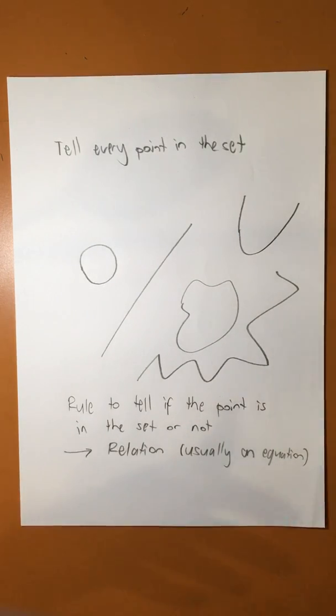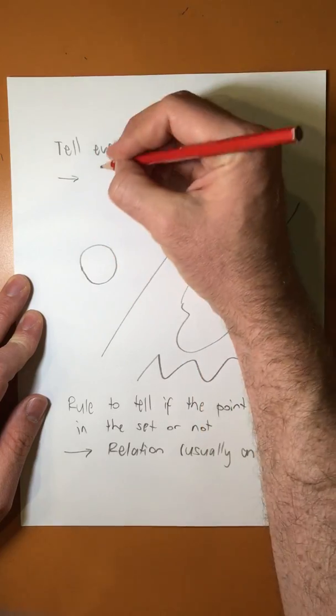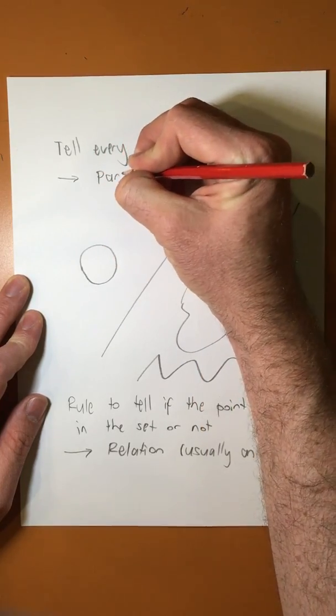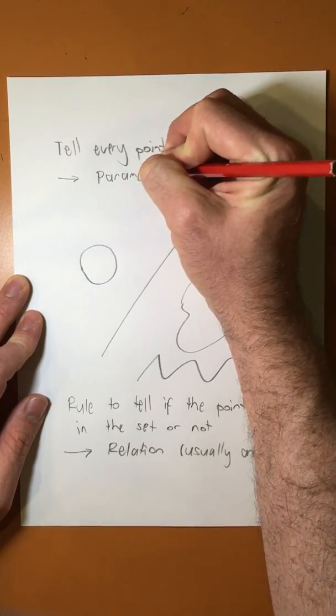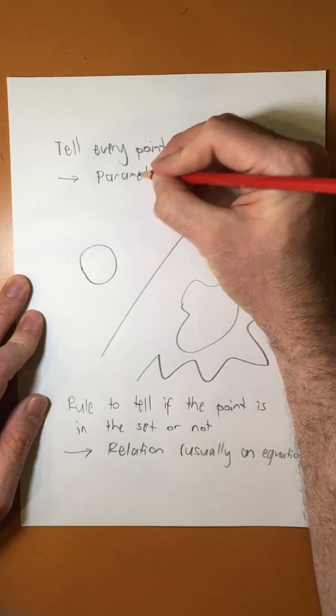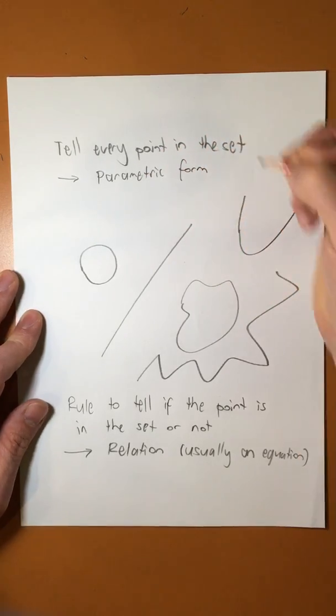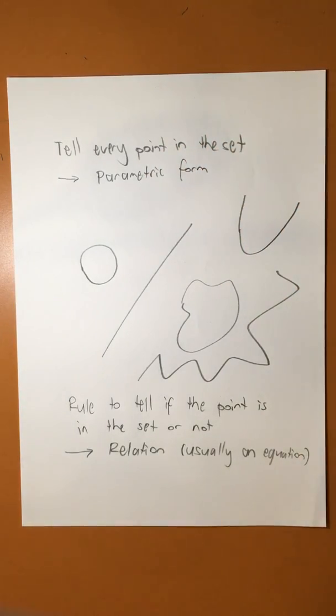And if they're not related in that way, then they're not in the set. On the other hand, if you want to tell every point in the set, that is what's normally done with a parametric description, where you have some sort of variable that tells you how to calculate points that are in the set. And that's the main difference.